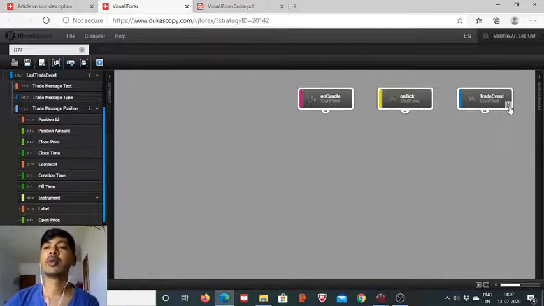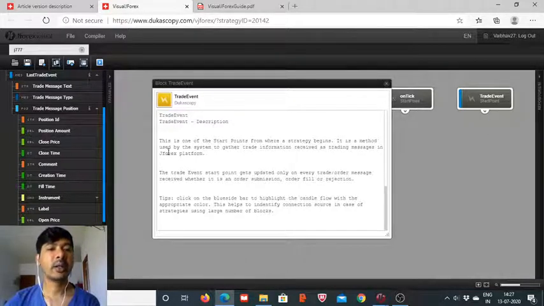If you go for its brief description, you will see that it is a method used by the system to gather trade information received as trading messages on the Visual JForex platform.